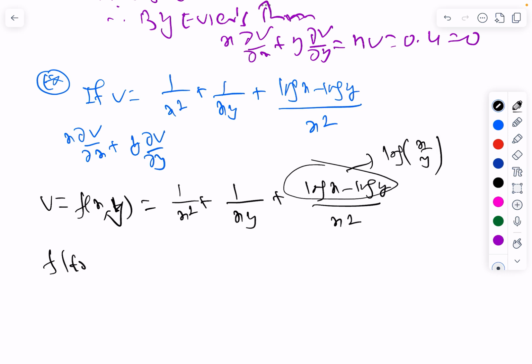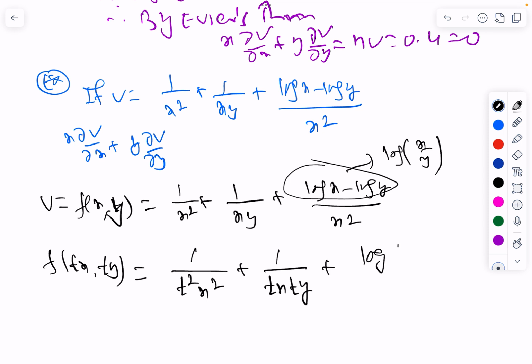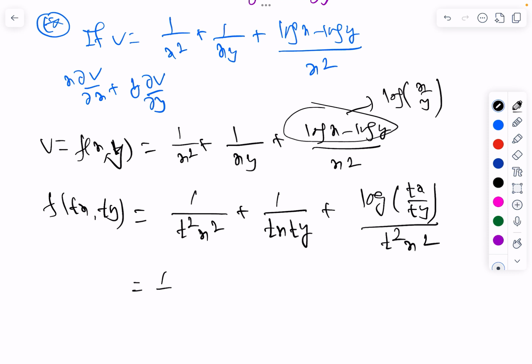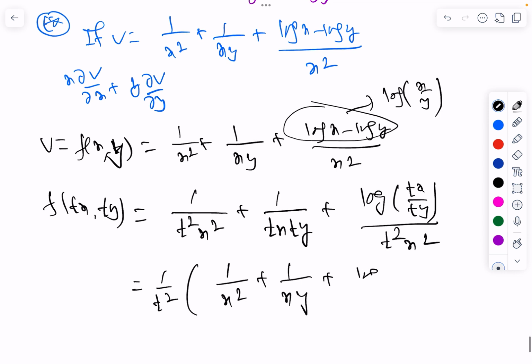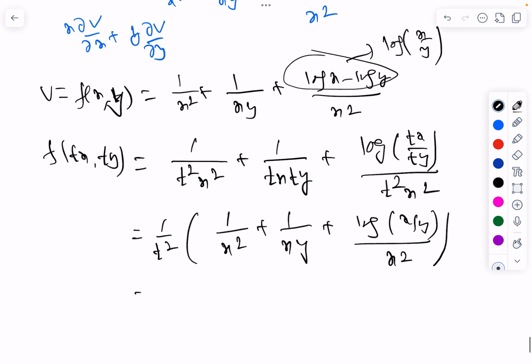And now f of tx, ty is 1 upon t square x square plus 1 upon tx ty plus log of tx by ty over t square x square. And you can take 1 over t square, remaining is 1 over x square plus 1 over xy plus log of x by y over x square. And so this you can write as t power minus 2 f of x, y.